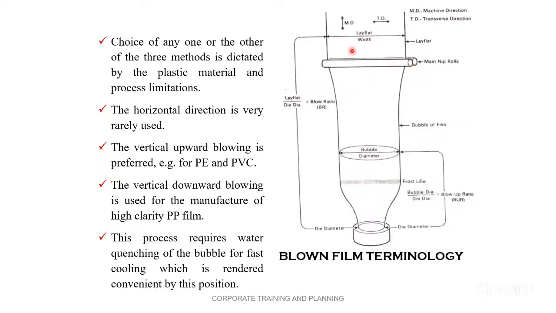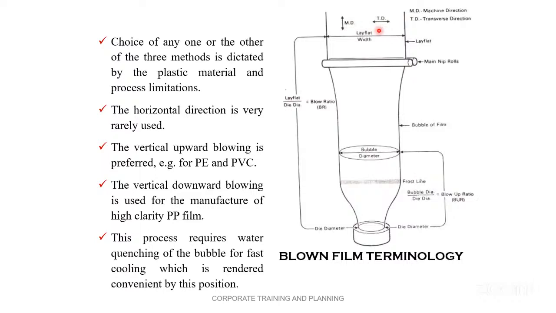Now, see, this is called the lay flat width. Lay flat width. Right. This is the transverse direction, and this is the machine direction, right? Machine direction. This is the film. The film has the machine direction, and this is the transverse direction.